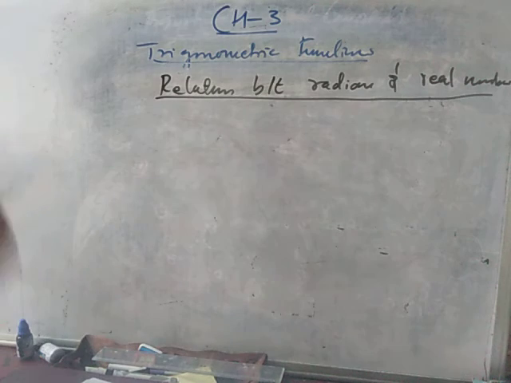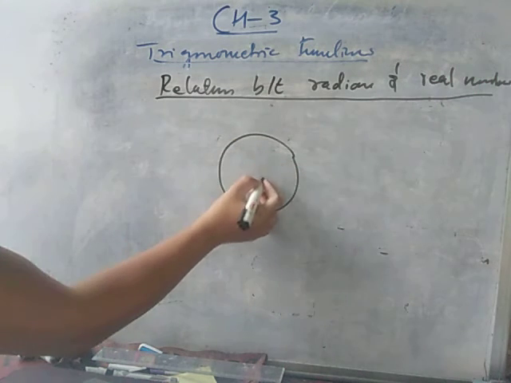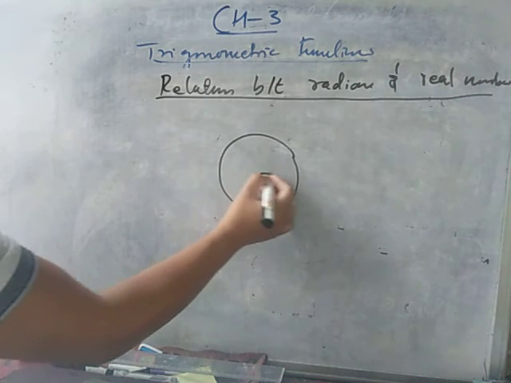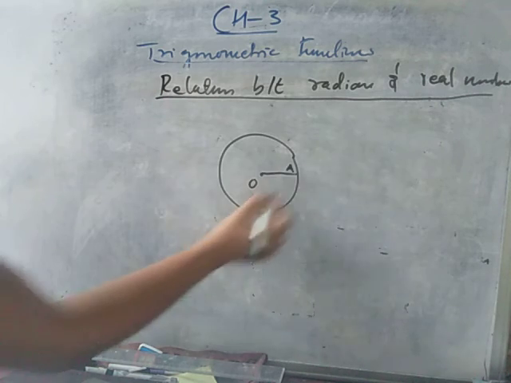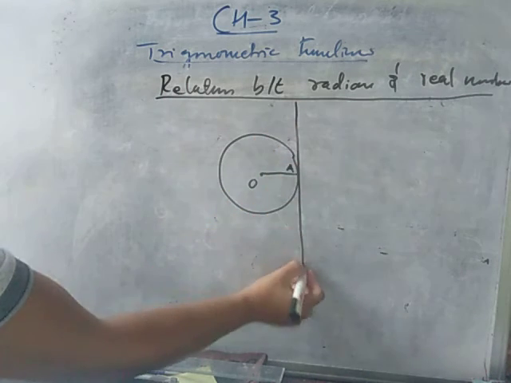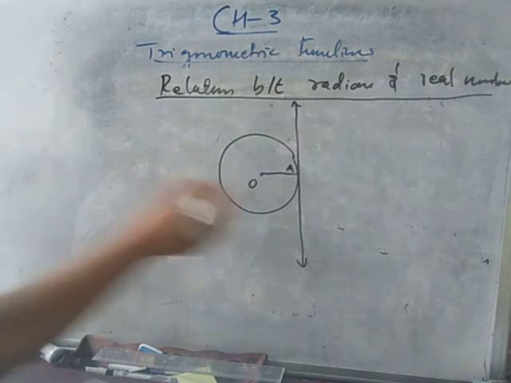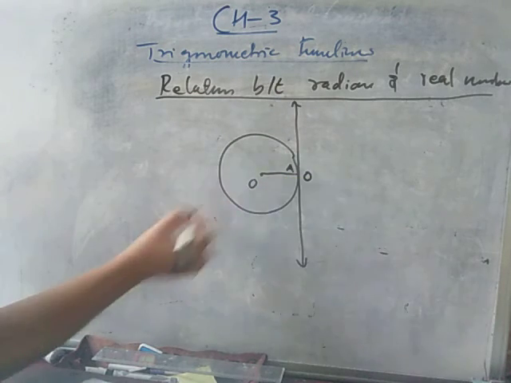So now if I take a unit circle with center O and the point E on the circle, okay, if I draw a tangent at the point E, I'll get this type of tangent, isn't it? So if I take this as 0, this is the origin.